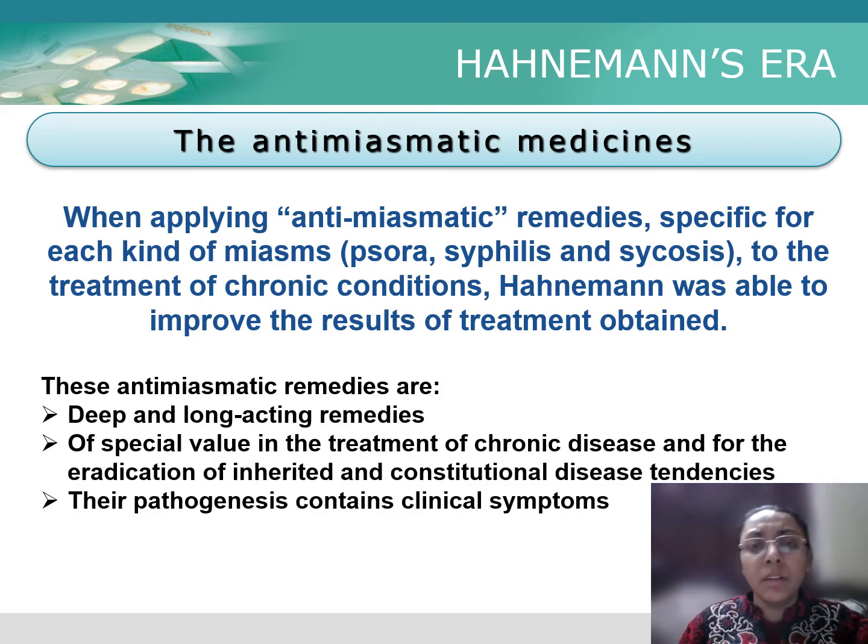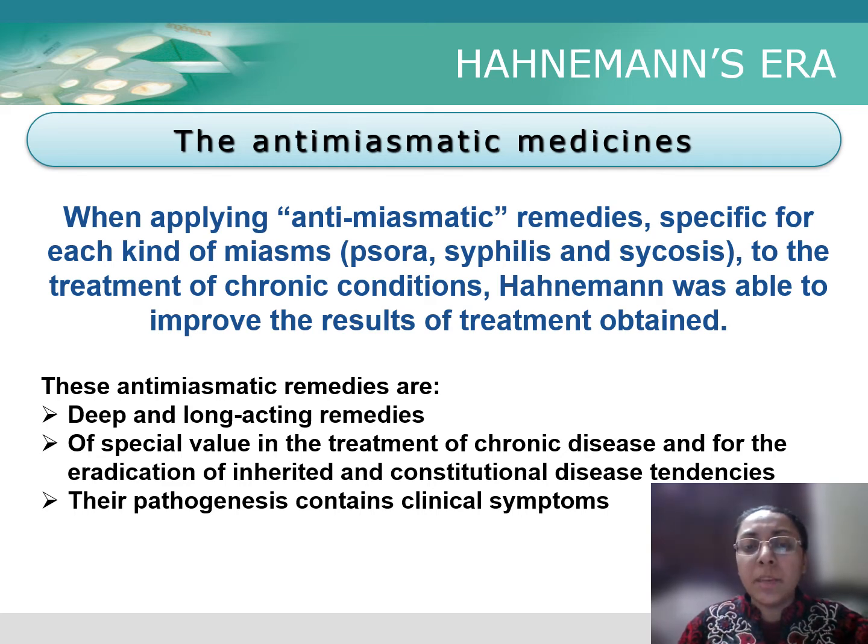Let's talk about anti-miasmatic medicines a little bit. When applying the anti-miasmatic remedies specific for each kind of miasm, psora, syphilis and sycosis, for the treatment of chronic conditions, Hahnemann was now able to improve the results of treatment obtained for chronic illnesses.